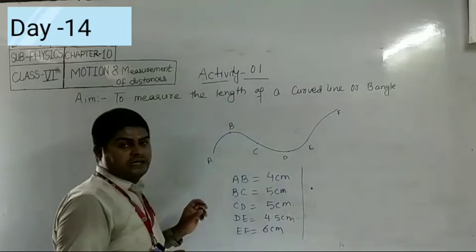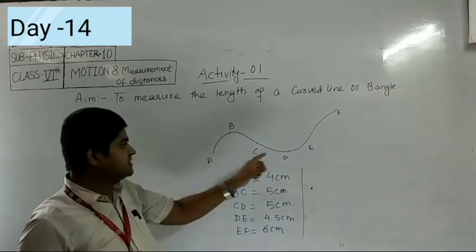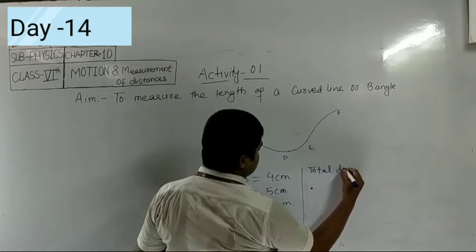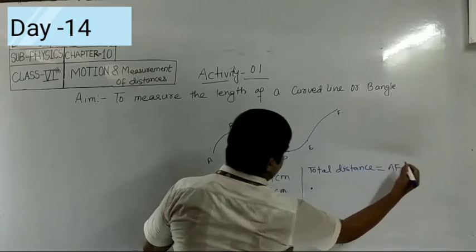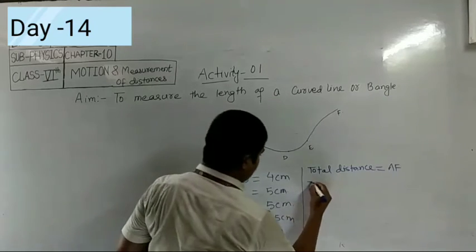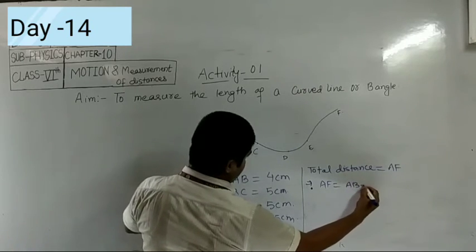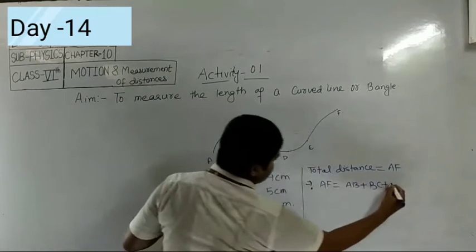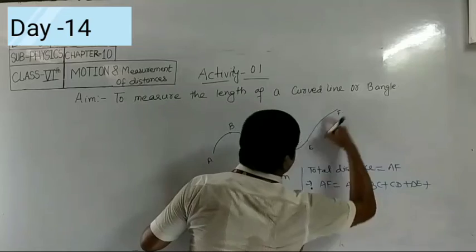Now it's time to calculate the total distance of this curved line. The total distance is equal to AF, A to F. AF is equal to AB plus BC plus CD plus DE plus EF.